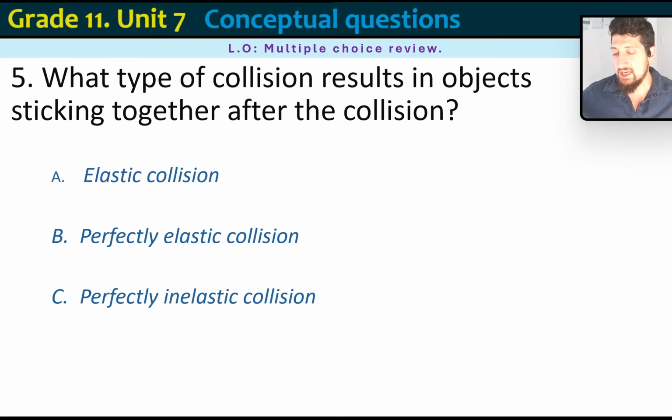In a perfectly elastic collision, there are no losses of energy. They come in, they bounce, and they go back with the same kinetic energy. So both of these do not result in the objects sticking together. In a perfectly inelastic collision, the objects come, they stick together, and they don't leave each other. So that is the one that is correct.